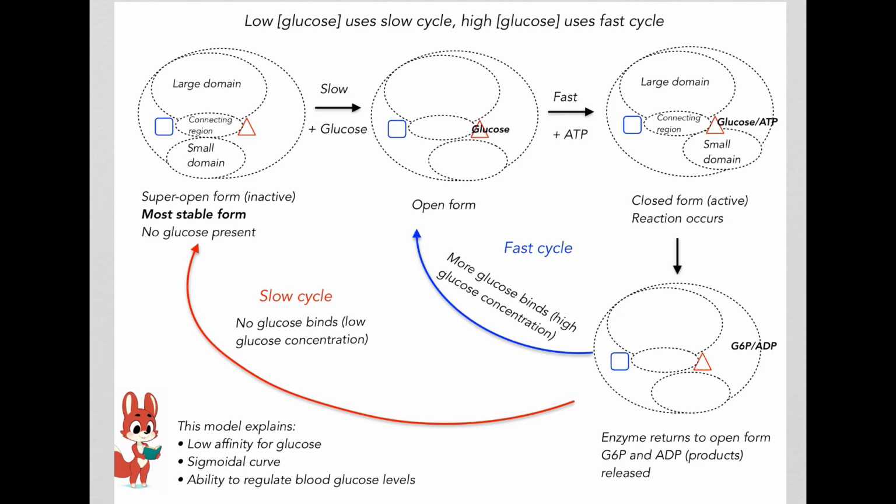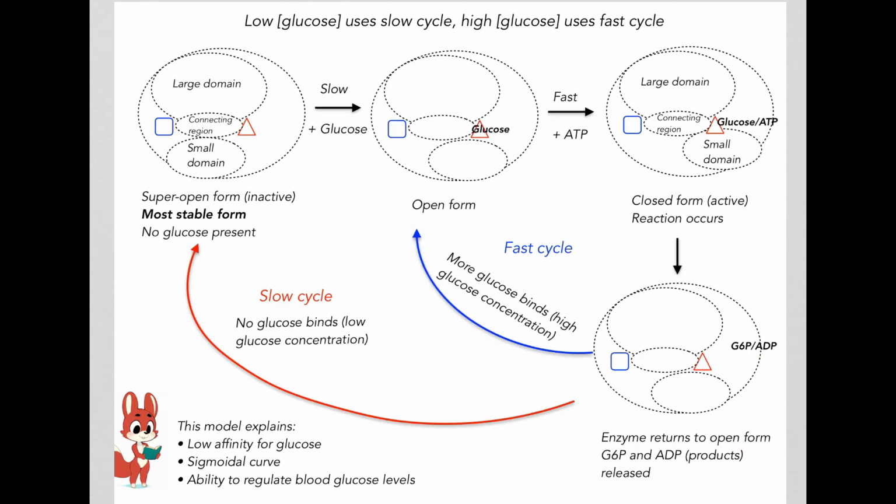So the end of the reaction would be the formation of products, glucose 6-phosphate and ADP, and the enzyme converts from the closed form where the reaction occurs, it goes back into the open form, into this form. And in the open form, the products glucose 6-phosphate and ADP are released.